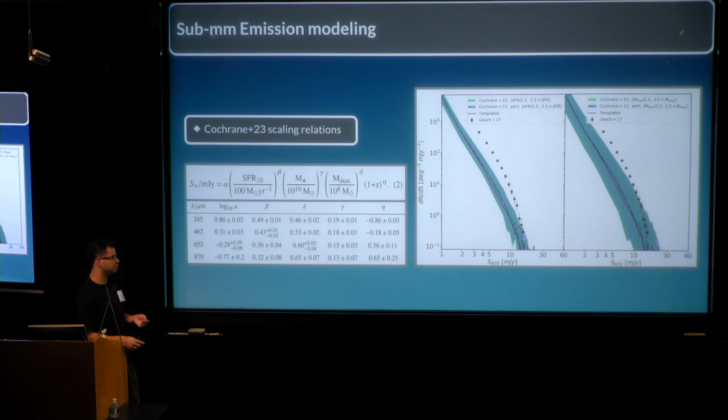Because it is kind of difficult to obtain a self-consistent model that matches the number counts and the other sanity checks, for example, the quench fraction of galaxies and those kinds of things. But the shapes are pretty similar, and we think that we can track the main trends, at least the trends. We don't trust the numbers much, but we do trust the trends that we obtain in the analysis that I'm going to show you now.